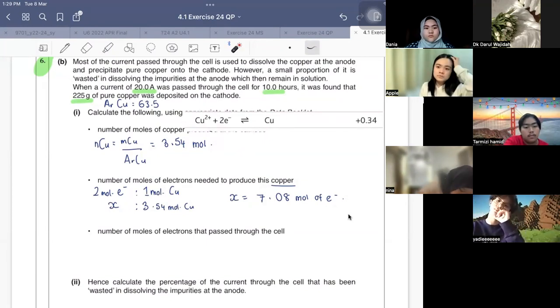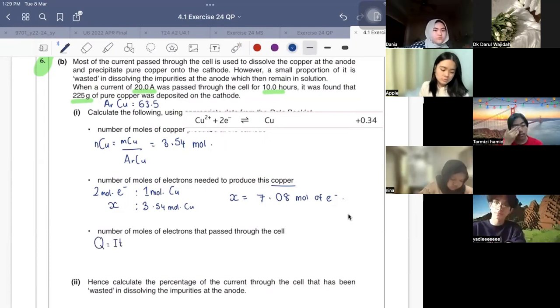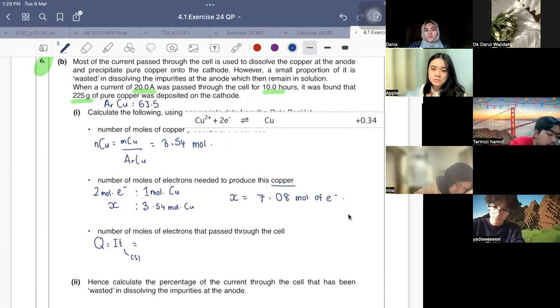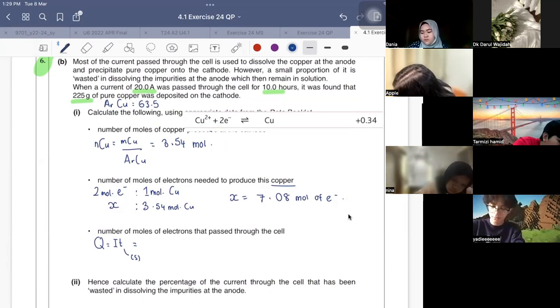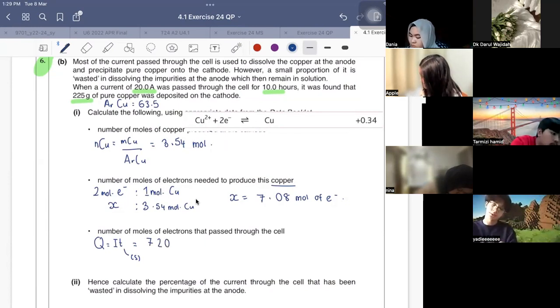Okay, first we start with the easier. Q is equal to IT, where T has to be converted to seconds. I is 20 and your T is 10 hours. So you should get 720,000. Okay.